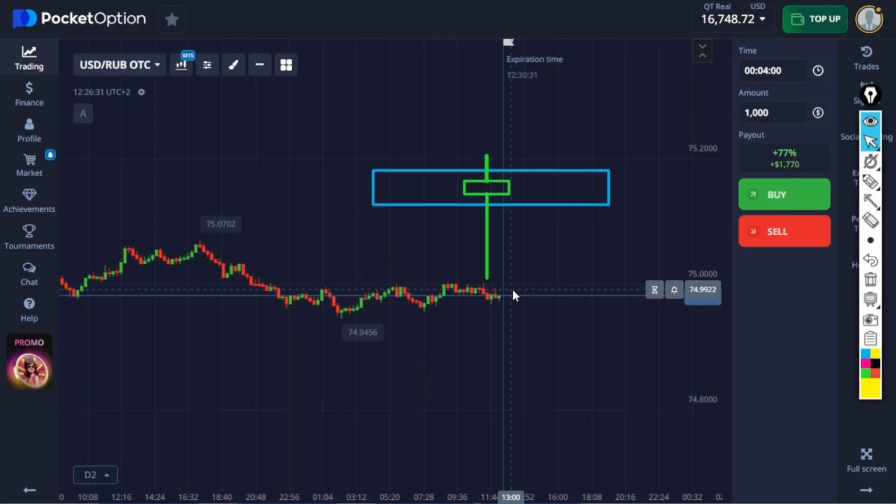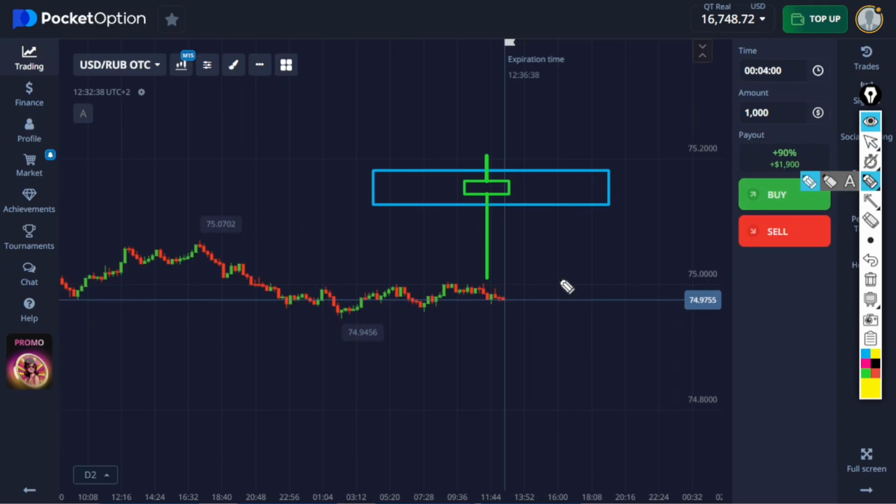I mean, I've probably missed a few there, but that doesn't actually matter. Okay, what matters is this is a rejection candle. Okay, and rejection candles come in all sorts of shapes and sizes, different body and wick lengths. But the most important thing here is that you know how to identify it.